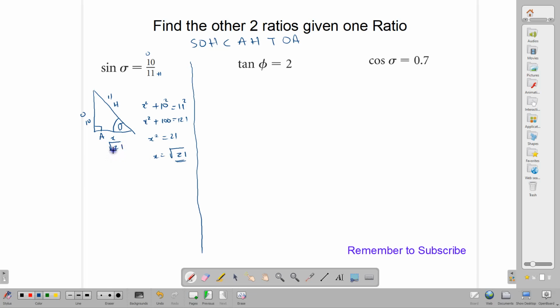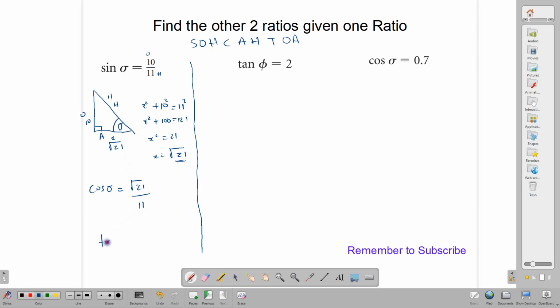Now that we have this, we can write down the other two ratios. So phi, sine of this angle, is this. The cosine of that angle is going to be equal to the adjacent side over the hypotenuse, which is square root of 21 over 11.